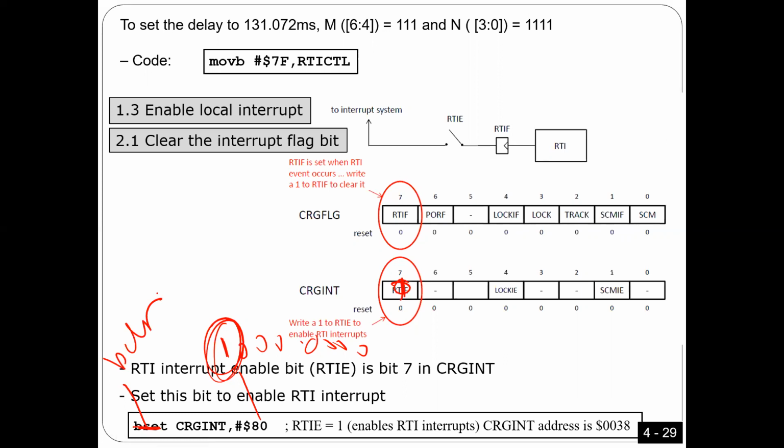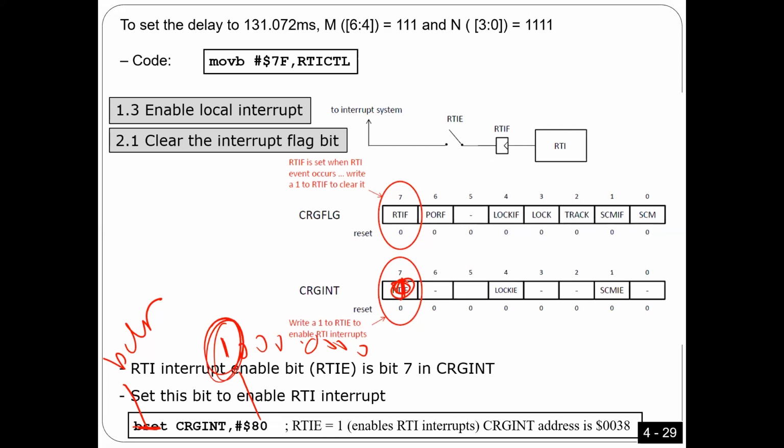It's the same instruction, but with bit clear in order to put zero. Very easy, very trivial, right? It's just one bit in a register. All you have to do is, if you want to enable interrupts, put one. If you want to disable interrupts from RTI sources, here this is the local enable bit. This is not the global, right? So this is local.